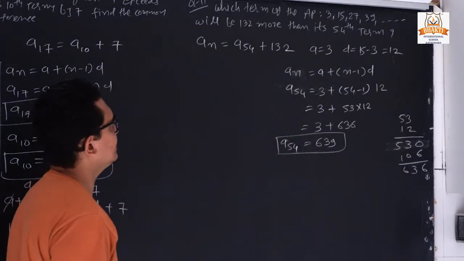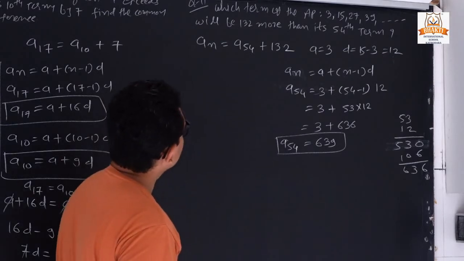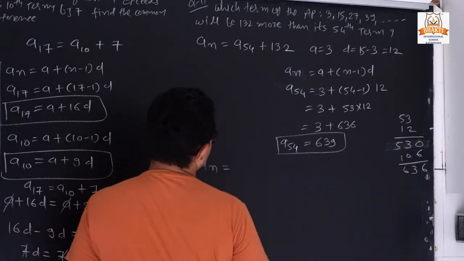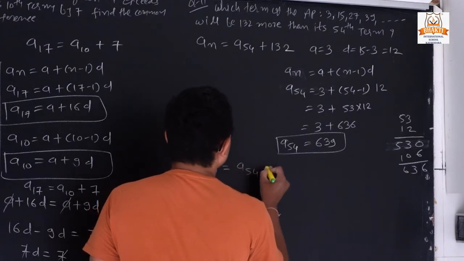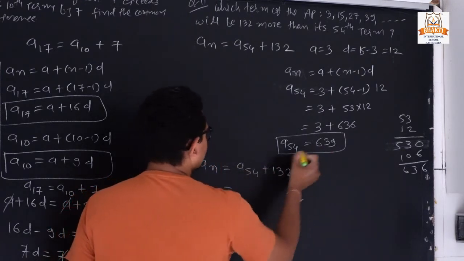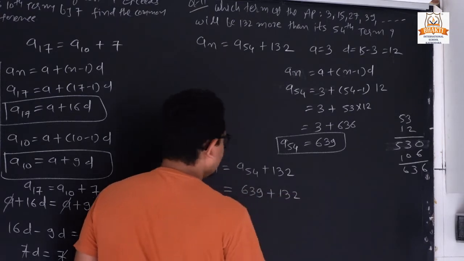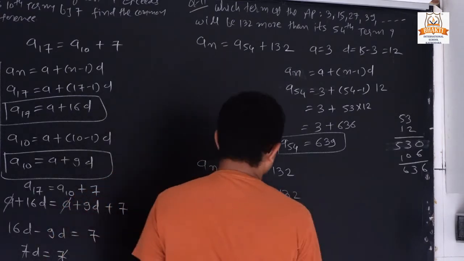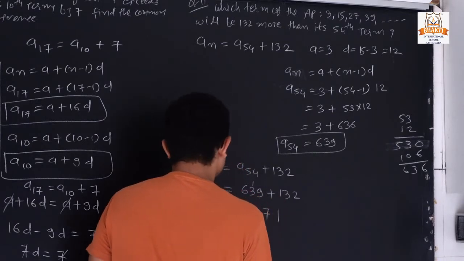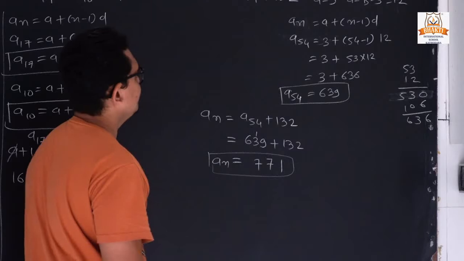Now we want to find out what? Which term? So an is equal to A54 plus 132. So A54 is given as 639 and it is 132. So add these both. So 771.